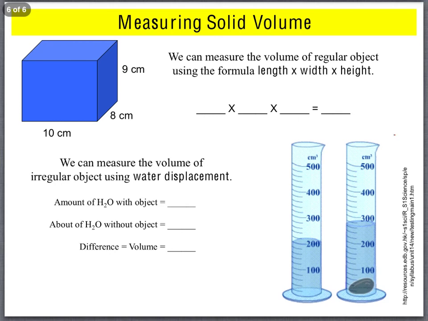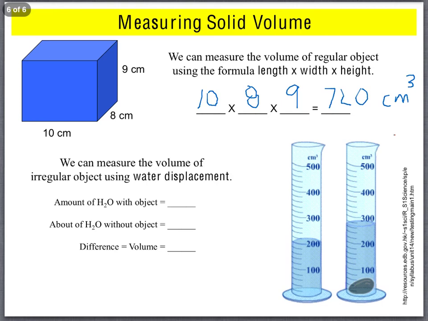So we have a length of 10 centimeters, a width of 8 centimeters, and a height of 9 centimeters. Using a calculator, or maybe your head, you can come up with an answer of 720 cubic centimeters.